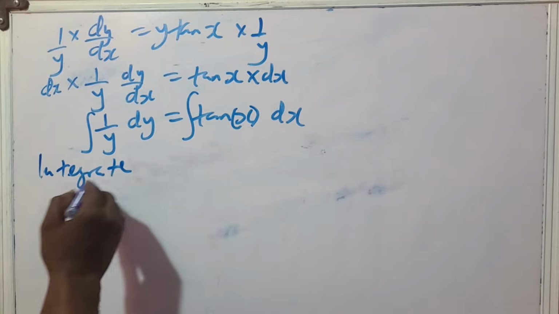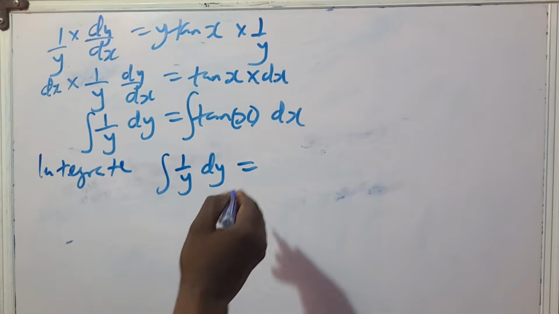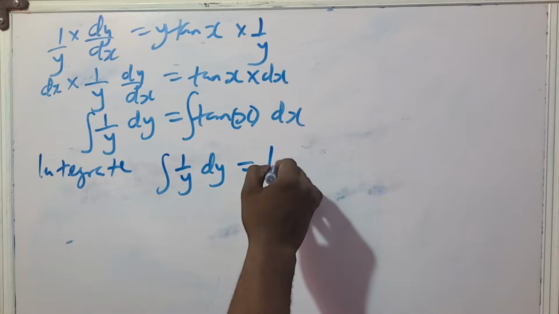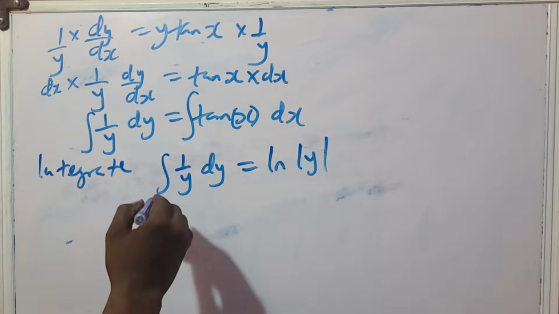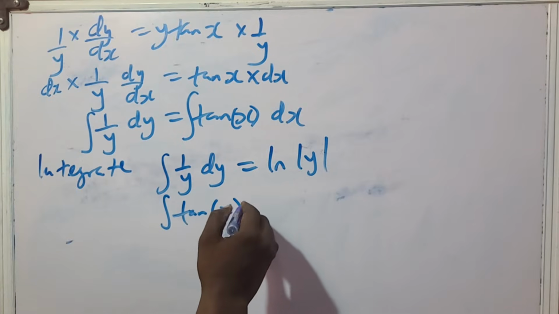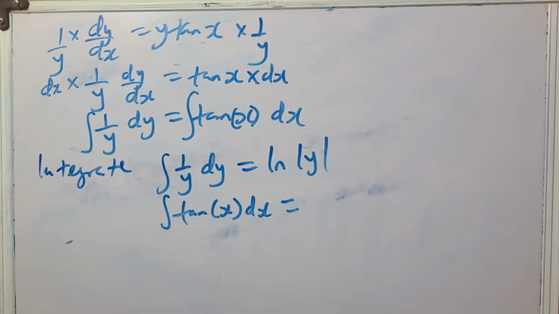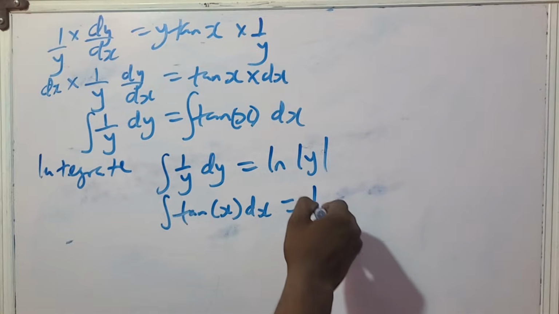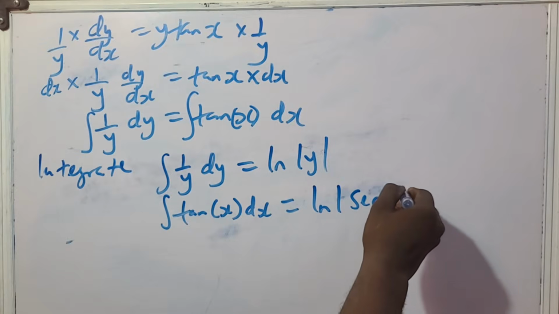In integrating, if you integrate 1 over y dy, what you're going to get is the natural logarithm of the modulus of y. And if you integrate tan x dx, what you'll be getting is the natural logarithm of the modulus of sec x.